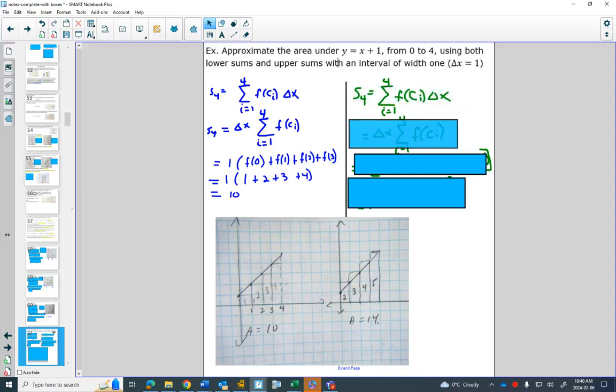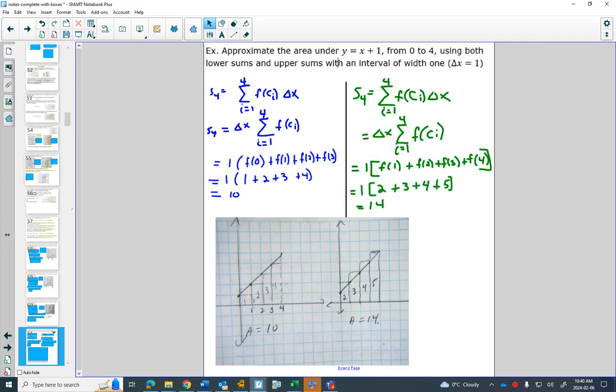Then we can do the upper sums as well and get 14. And when it's a nice straight line that averages out perfectly like this, I hope you can see that every underestimate is exactly equivalent to the overestimate. So the actual area will be 12.